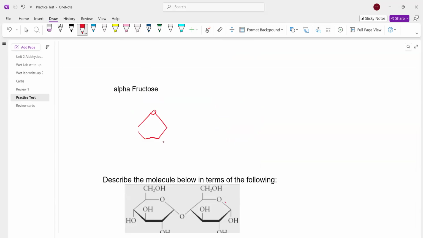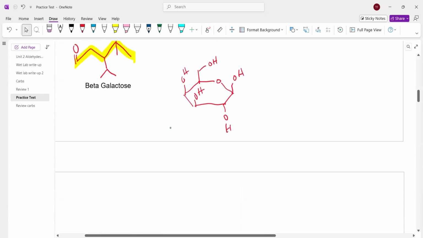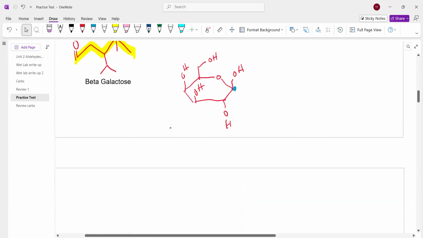Okay, and it's alpha, so the OH is going down. And of course, this is the anomeric carbon and anomeric carbon. I like to always identify those.